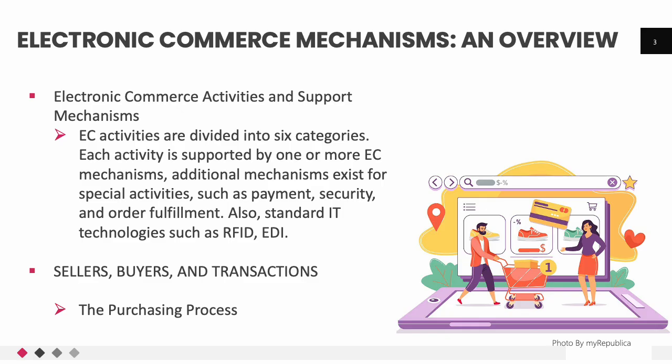Examples might include online shopping, digital payment, and maybe customer service. And each activity is supported by the EC mechanism. These are tools or systems that make online business work, like websites, the shopping carts, or secure payment gateways.